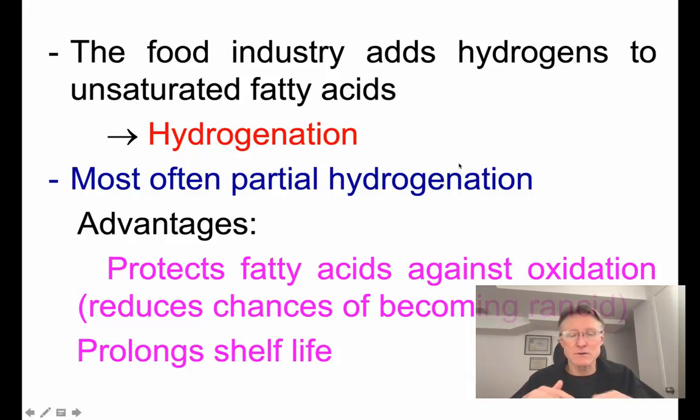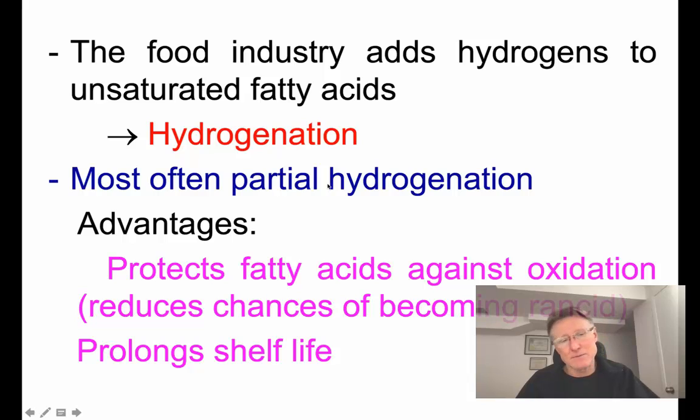It's partial because when you add hydrogens and break these double bonds, you don't want to eliminate them all, because if you eliminate the double bonds, you make a saturated fat, not a trans fat. So you have to maintain one or two double bonds in that fatty acid, but you want to have the hydrogens on opposite sides. There is a very well-established chemical process that the food industry uses to promote this hydrogenation and produce trans fatty acid.